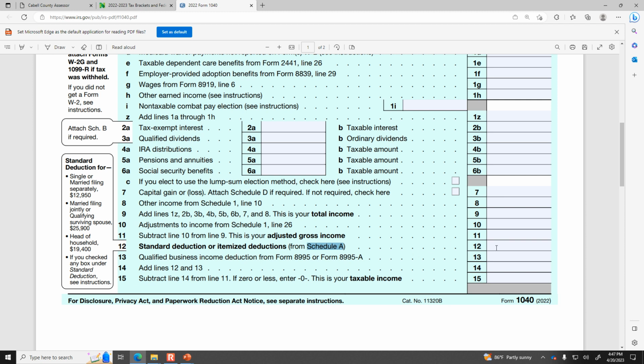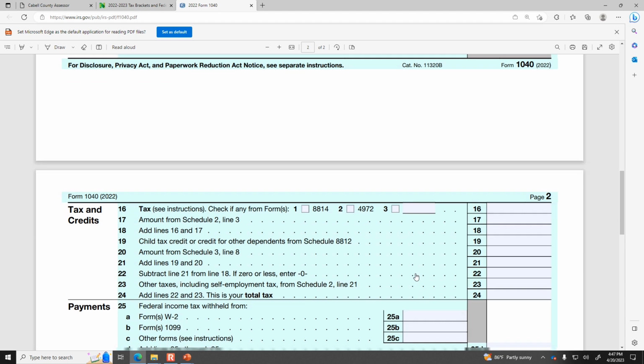Once you've subtracted out the standard deduction or itemized deductions, that's where you come up with the taxable income. So what rich people who can afford really good tax lawyers are trying to do is identify lots of deductions to try and reduce their taxable income as much as possible.